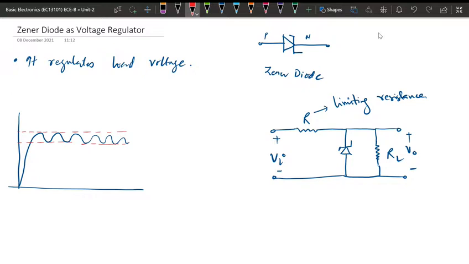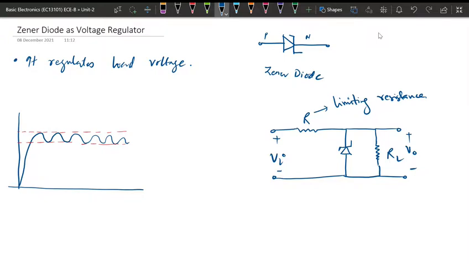So this is the output of the filter circuit. We need to compensate, or stabilize, this output to have a DC output. That means we need to have a regulation. That's why we will be using a regulator circuit.